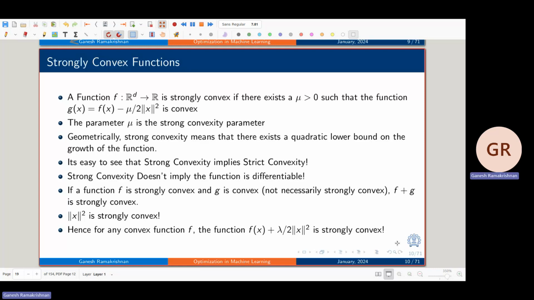The c definition says the gap between the line segment and the actual function value is at least c/2 times norm of x minus y squared. What is the mu definition saying? The function remains convex even if I subtract a quadratic, mu/2 times norm x squared, from the original function. In that case, the function is called strongly convex. What do you think is the connection between the two, mu and c?